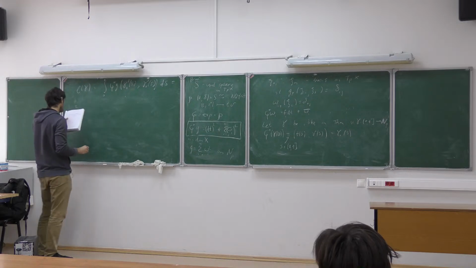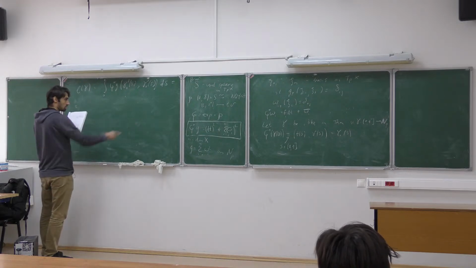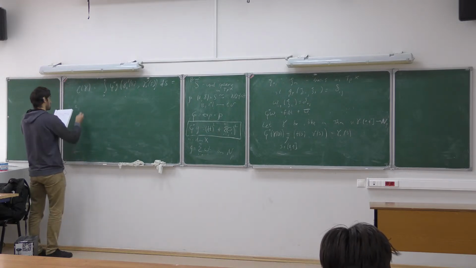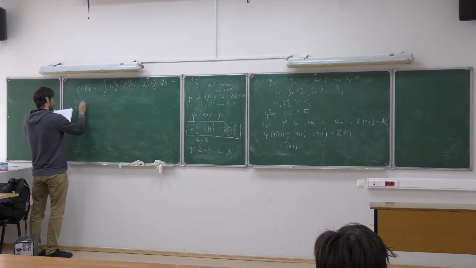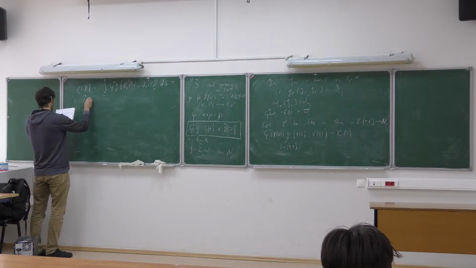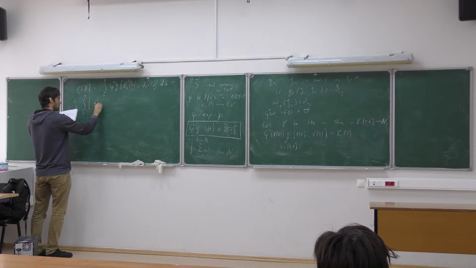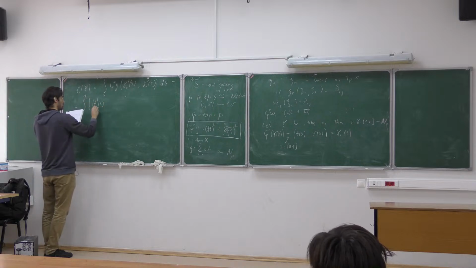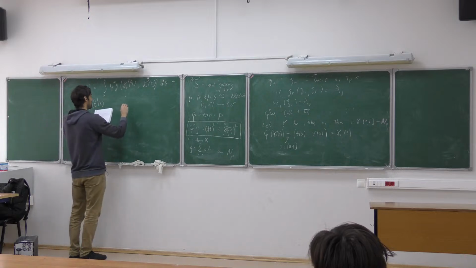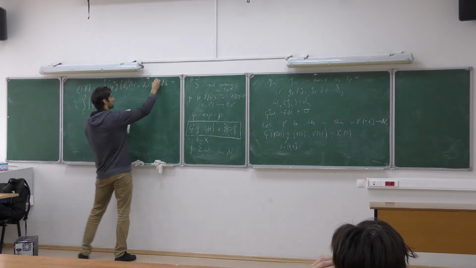Okay. Then I use this boxed formula. So this will be the integral from 0 to 1 of. So I have t prime of s. Again, I forgot 1/2 here, right?